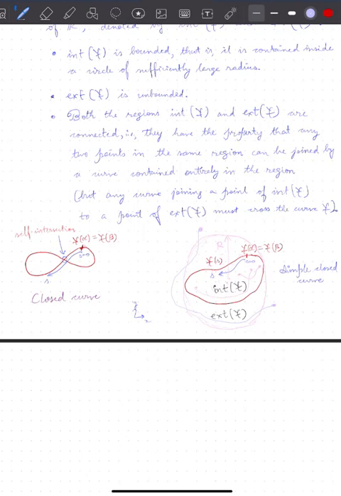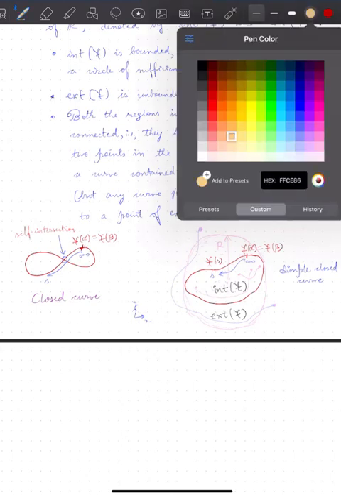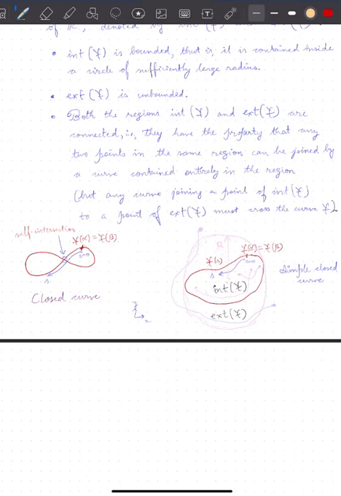However, if you want to connect two points, one in the interior of gamma and the other in the exterior of gamma, then we do need to cross the curve gamma. So that is what the entire story here is, right?